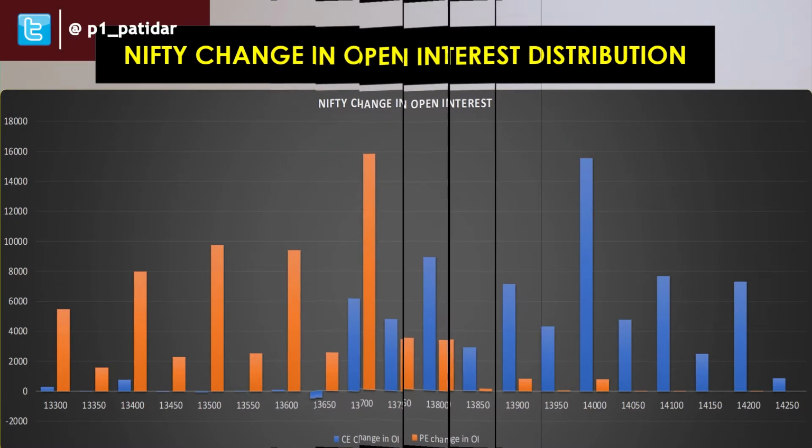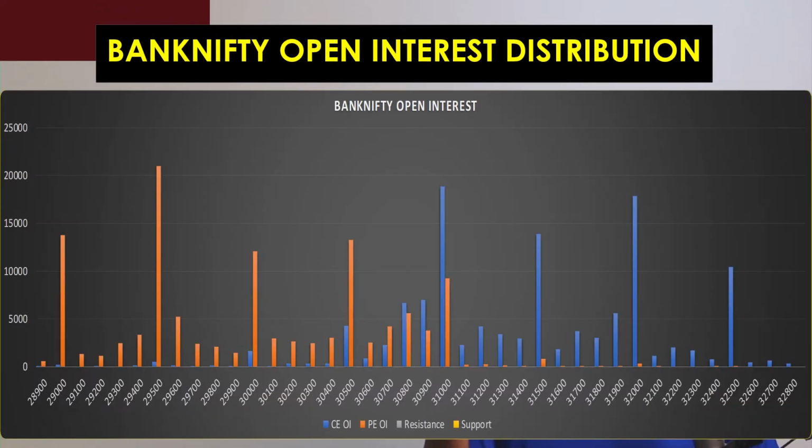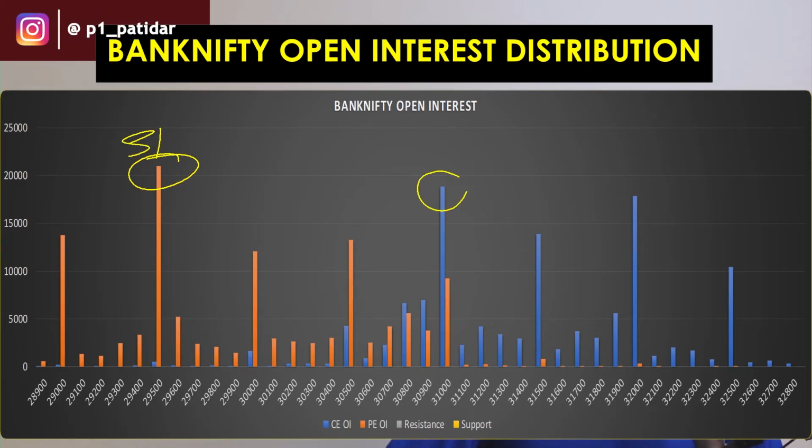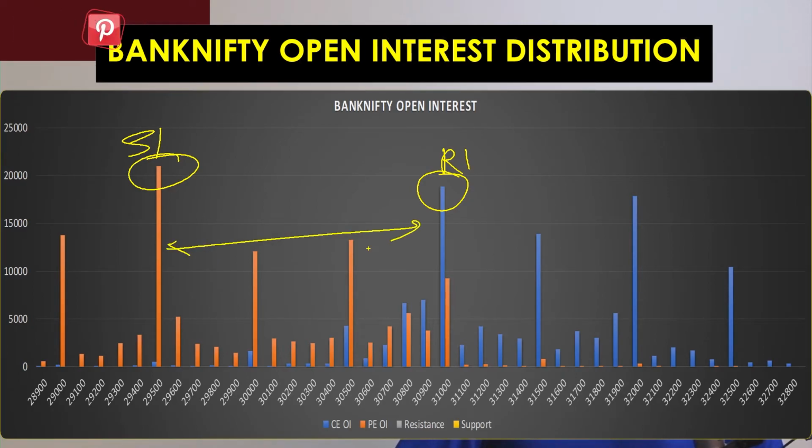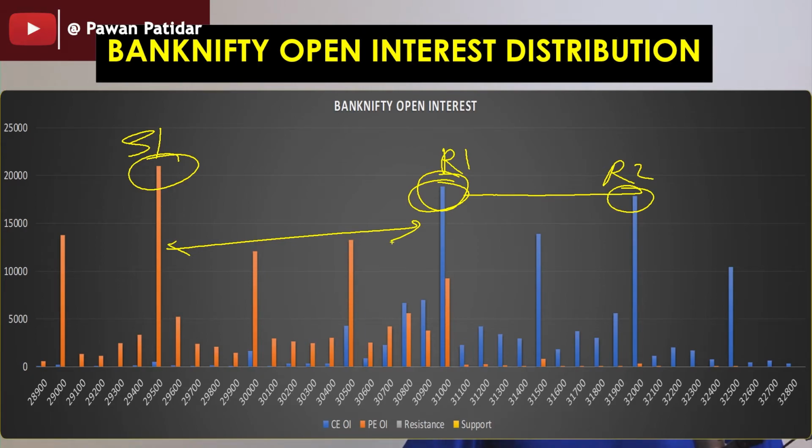Now let's see the Bank Nifty open interest distribution, and we'll find out support and resistance based on this distribution. Bank Nifty support is at 29,500 and resistance is at 31,000. So this will be the range. Here, the difference between the open interest contracts of R1 and R2 is not huge. Means people are still afraid that Bank Nifty might go up.